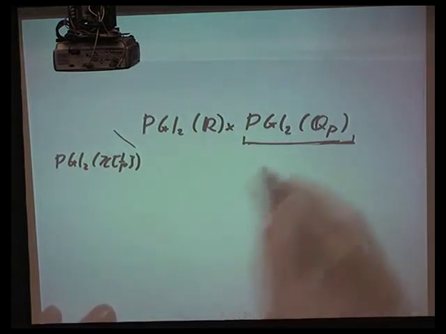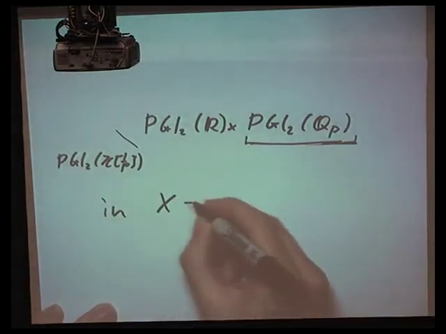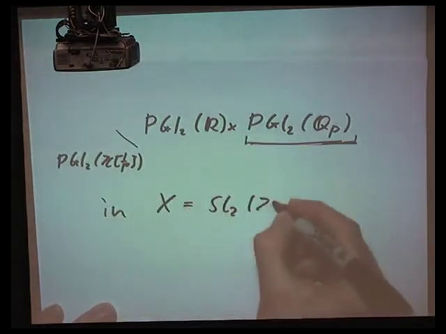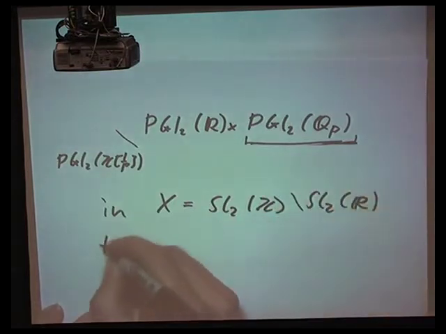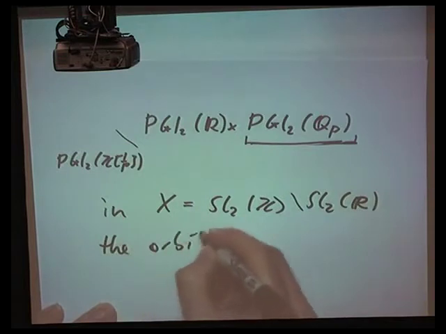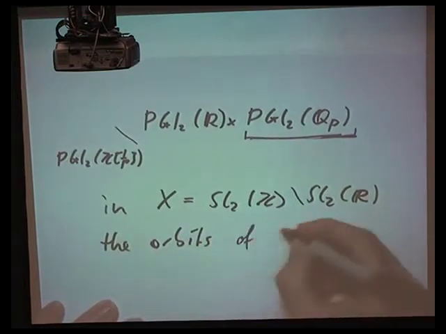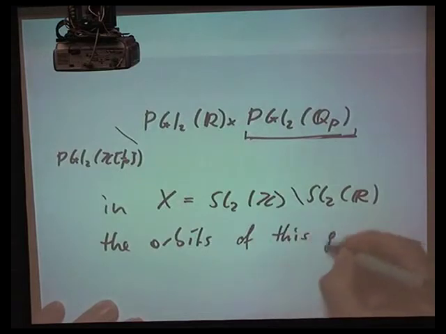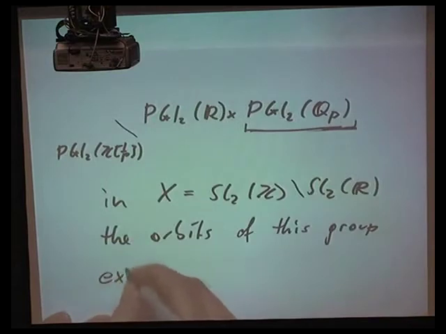So in the unit tangent bundle of the modular surface, SL2Z quotient out from SL2R, the orbits of this group exist in some sense. They are still there. The orbits exist, not the group action.